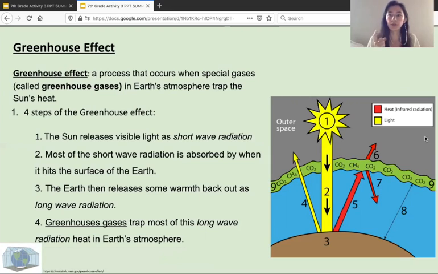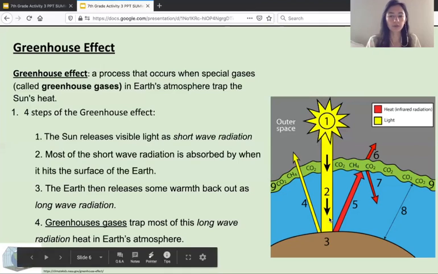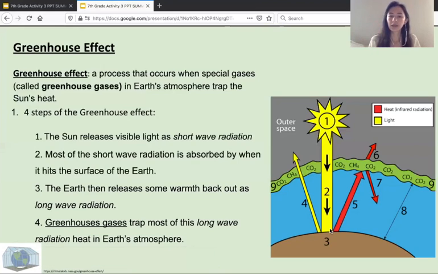So let's start with step 1 of the greenhouse effect. Step 1, the sun releases light, and this light is called shortwave radiation. That's the form light comes in. It travels out from the sun and all the way through space until it comes in contact with the Earth's surface. Most of it will come in contact with the Earth's surface, and then step 2, that shortwave radiation will be absorbed by the Earth's surface.